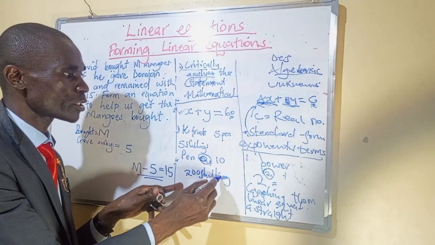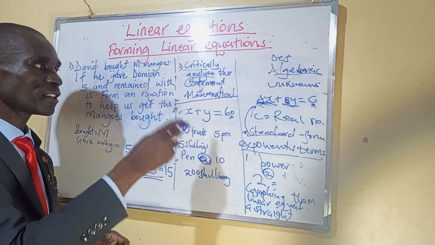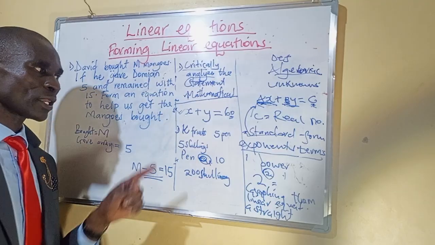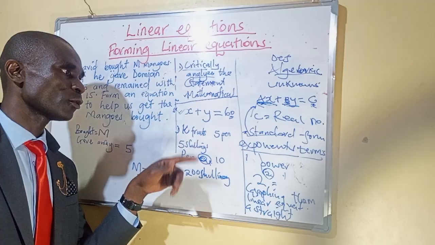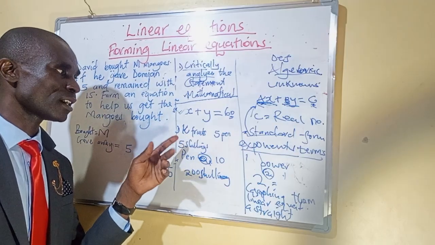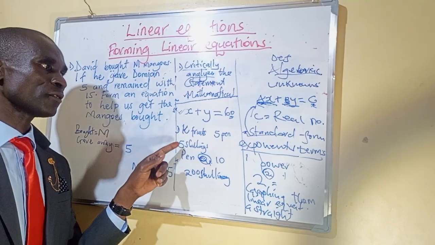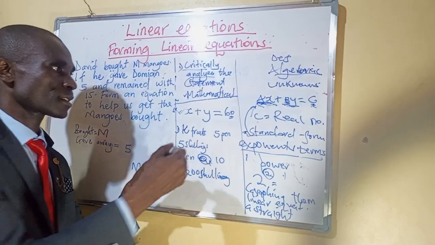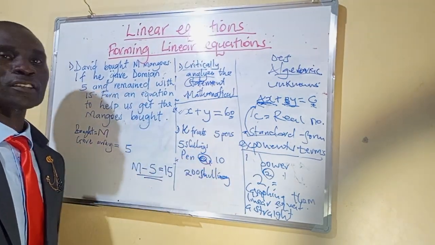come up with an expression to represent this information. We are saying Kevin had K fruits, bought at 5 shillings each. He also bought 5 pens at 10 shillings each.